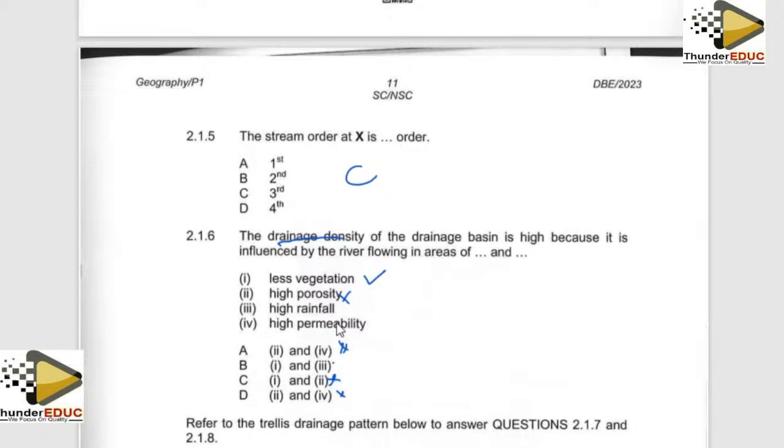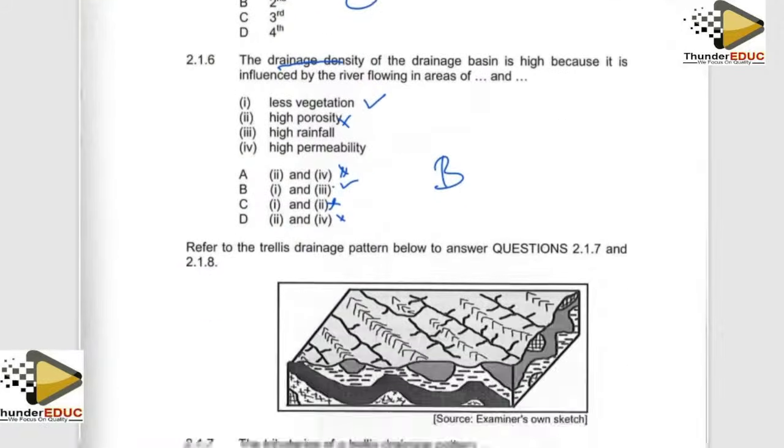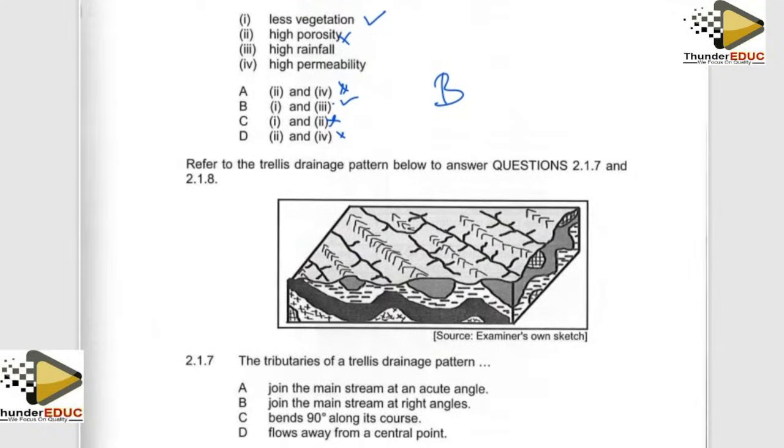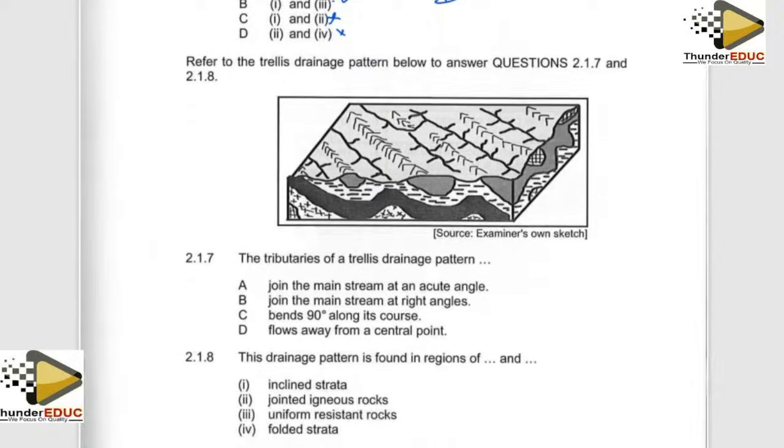And when you look at 5, 5 talks about high permeability, allowing water to easily go through it. So the answer is B. Okay, so 2.1.6 is answered there. Then we go to this figure. We are going to use this figure to answer question 2.1.7 and 2.1.8.